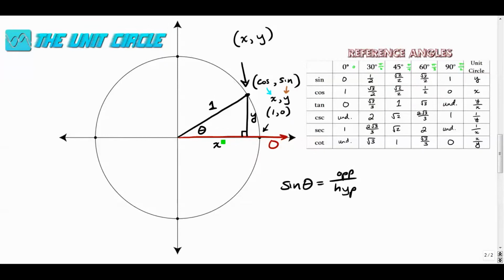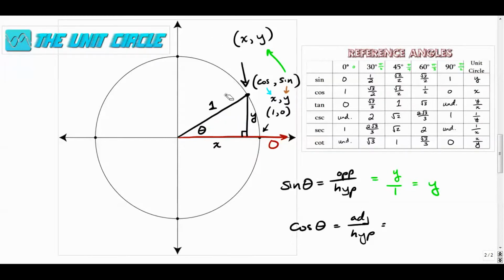So sine of theta is y over 1, which is just y. That's why the sine is y. And the cosine was always given by adjacent over hypotenuse. Adjacent means next to, so it's x over 1, or just x. That's why cosine is the x value.